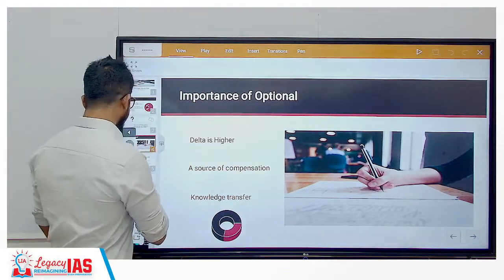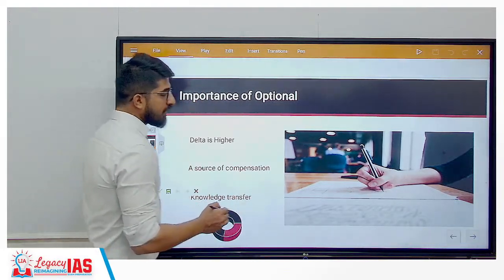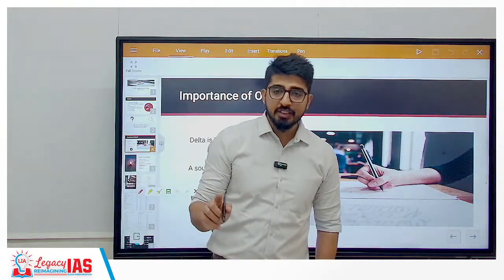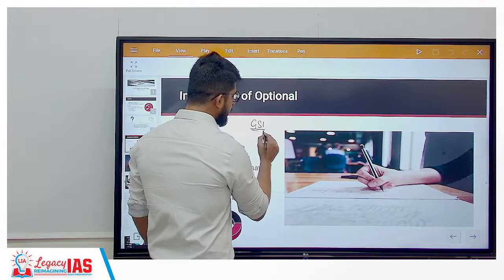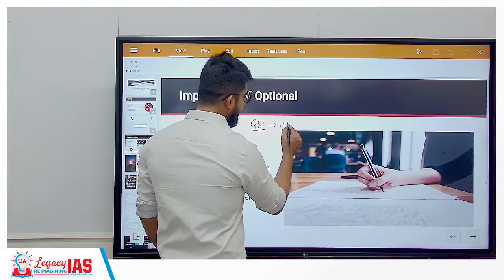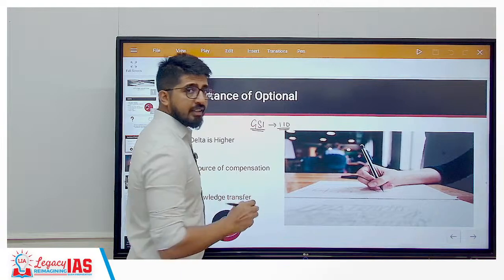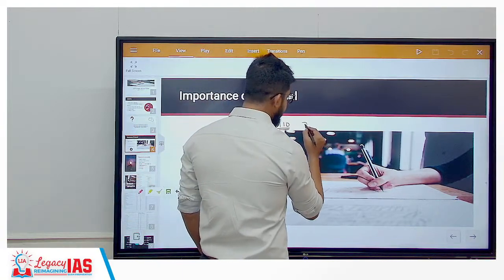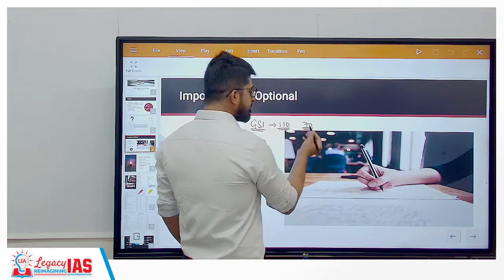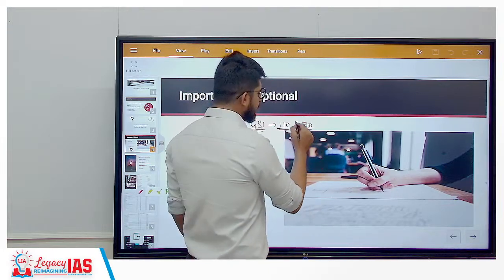Say, in GS1, the top score is, let's say, 110. The least score for a person would be, let's say, somewhere around 70. The difference between these two is the delta. So that's 40.